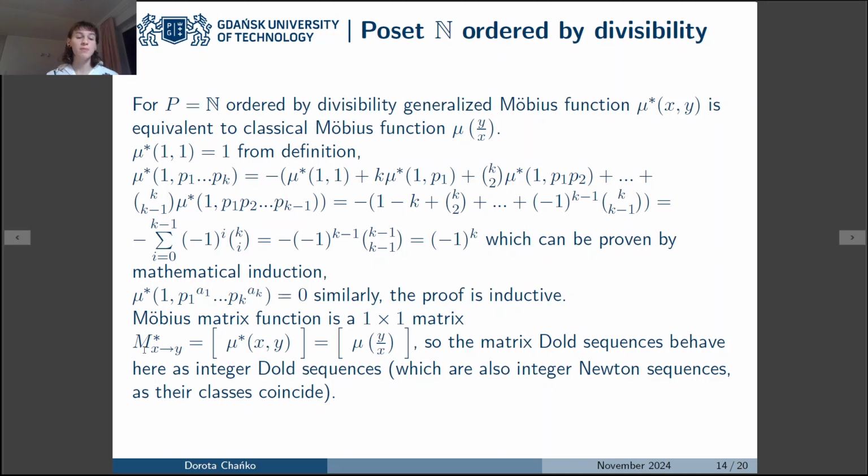So our Mobius matrix function m star of x, y is equal to just the 1-by-1 matrix mu star of x, y, which is mu of y over x. So the matrix Dold sequences behave here as integer Dold sequences, which we know are also integer Newton sequences, as their classes coincide.